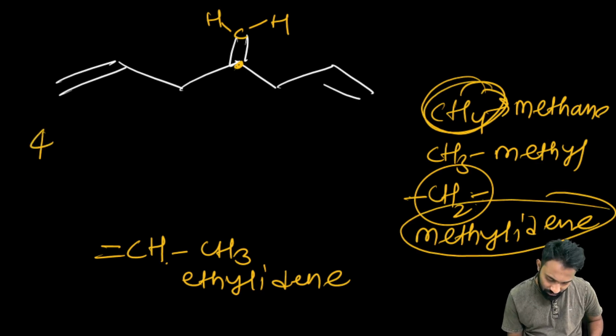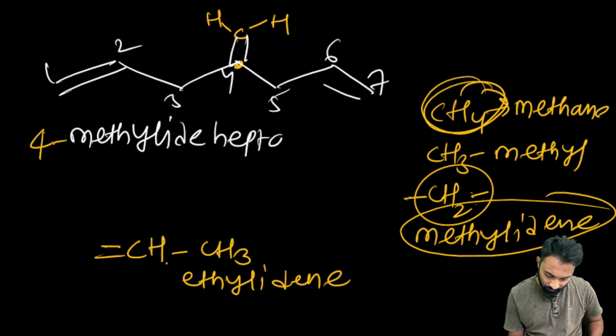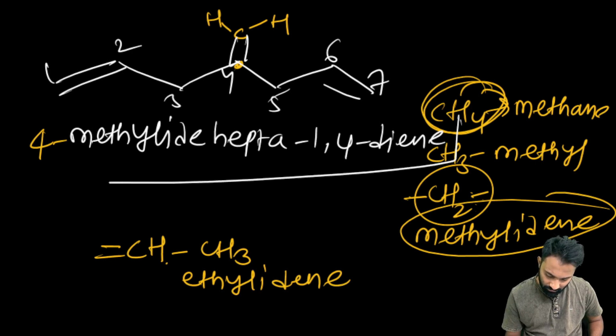So the name of this compound will be 4-methylidene. How many carbons are we having? 1, 2, 3, 4, 5, 6, 7. Clear? 4-methylidenehepta-1,4-diene.